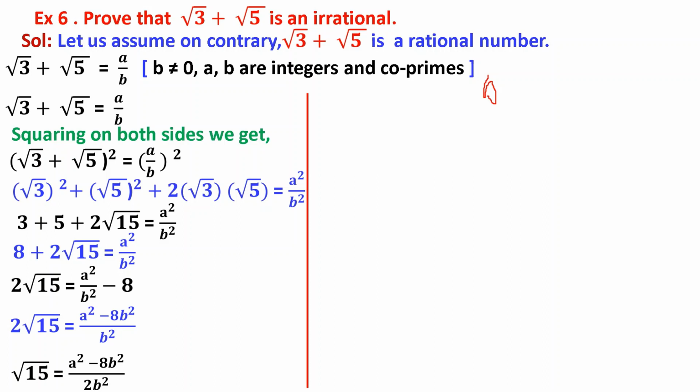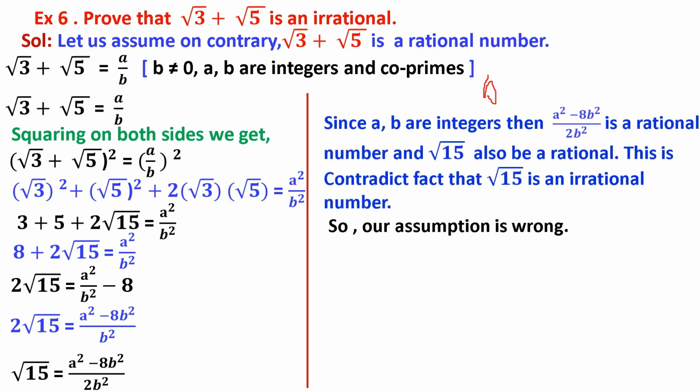On the right side, we have only terms in a and b. Since a, b are integers, (a square minus 8b square) by 2b square is rational, and root 15 would also be rational.